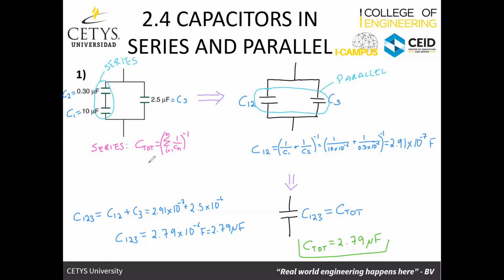So what does this mean? For example, Diego, if I have 2 capacitors, it's going to be 1 divided by C1 plus 1 divided by C2 elevated to the -1. And in parallel, the total capacitance is simply going to be the sum of the capacitance. So when it's in parallel, if you have 2 capacitors, it's just going to be 1 plus the other.